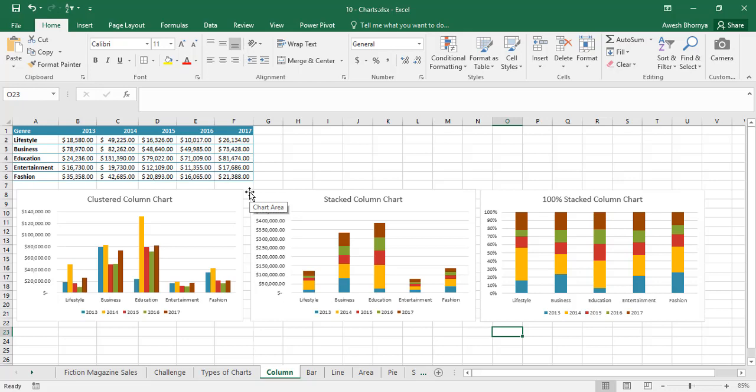Now you will notice I have used a similar data set to the one I used for the video where I discussed the power of visualization. So I have got genre. The only difference here is instead of putting months, I have put the years. So it's a hypothetical data set. Let's now try and analyze the data. So I have created the three subtypes of the column charts.